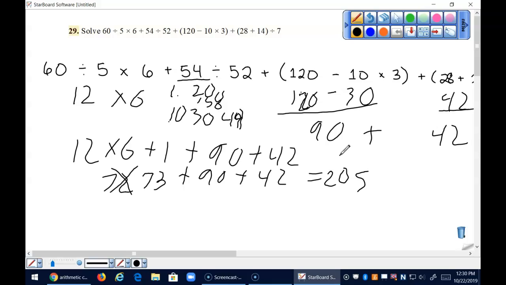Anybody else? Except for the rounding, which you could do differently. Did everyone get about that? Oh, okay, let me try it. Thank you.